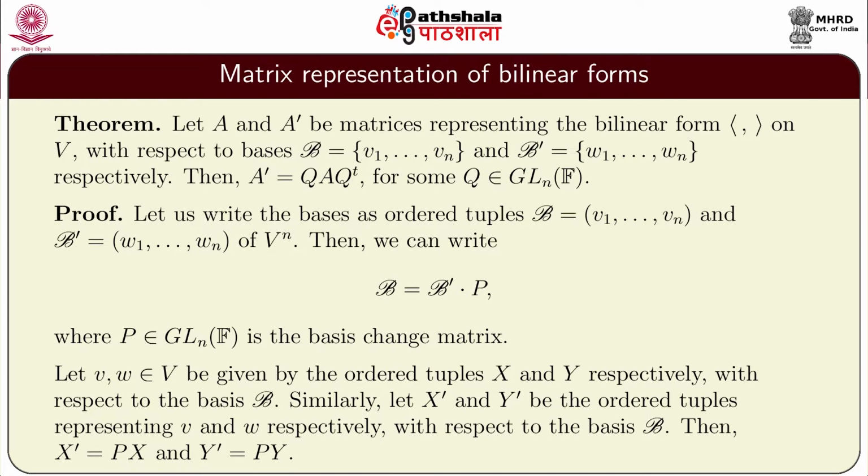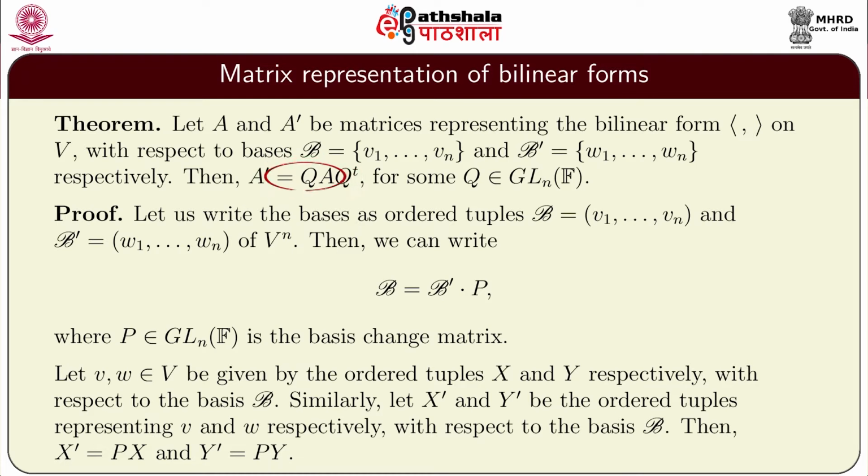Now we will see how different matrices with respect to different bases of bilinear forms are related. Theorem: let A and A dash be matrices representing the bilinear form on V with respect to bases B and B dash. We write the basis B as the set consisting of v1, v2 and so on up to vn, and the basis B dash as the set consisting of w1, w2 and so on up to wn.